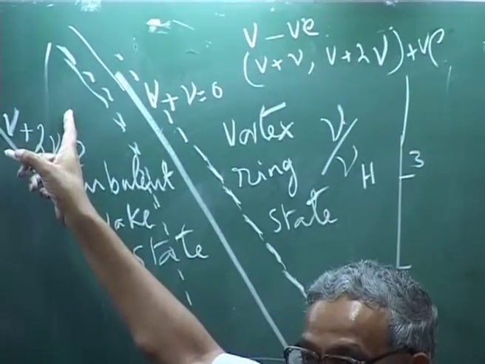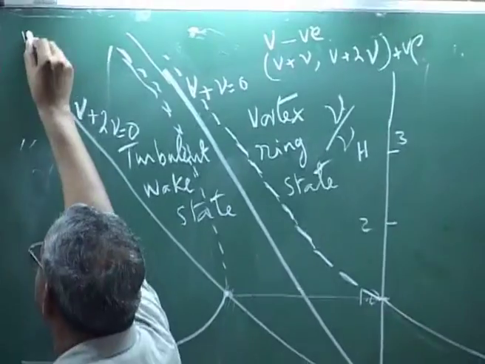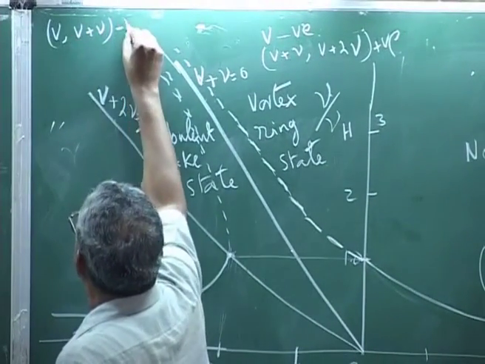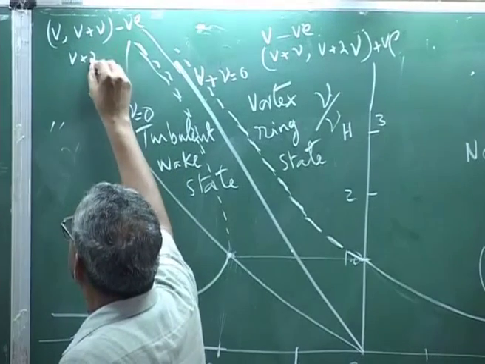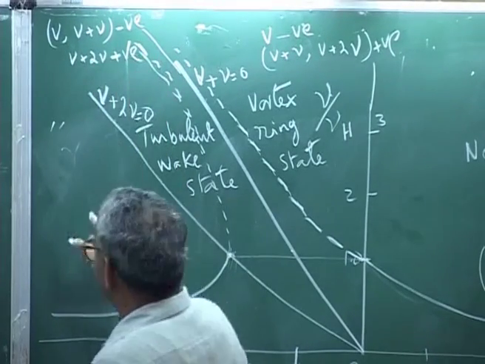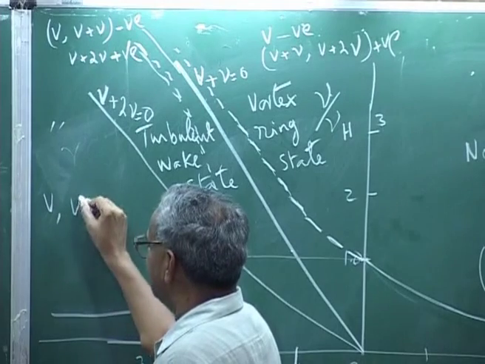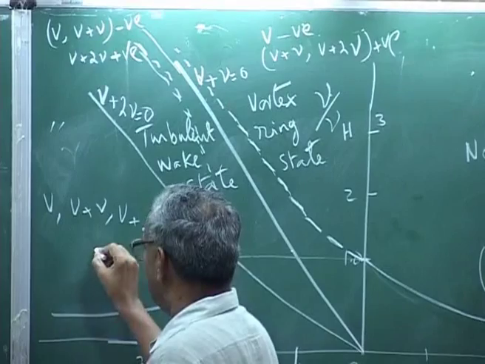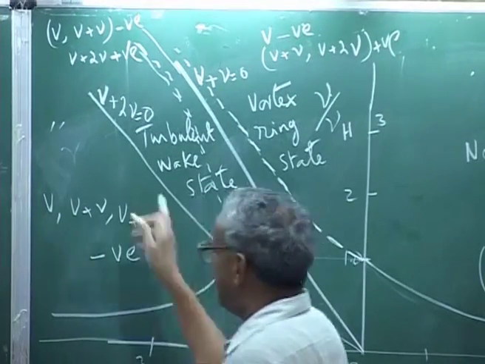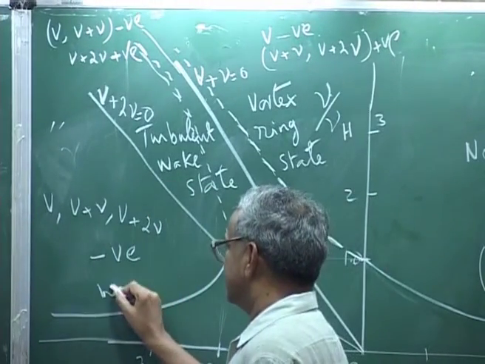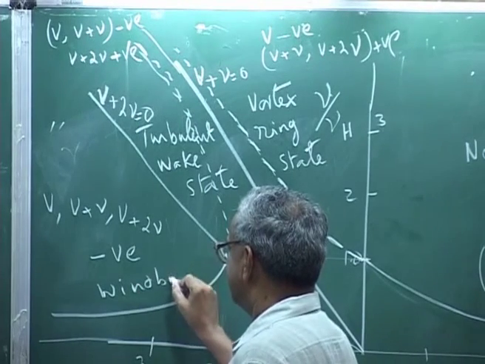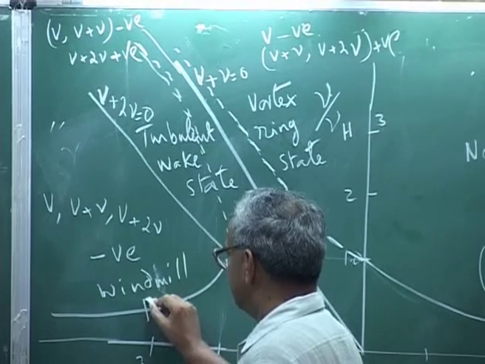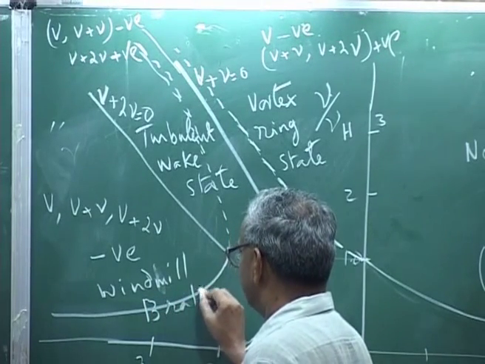When you go here, these two are negative, but V plus 2 nu is positive. When you come here, V, V plus nu, V plus 2 nu, all are negative, and this is the windmill brake state.